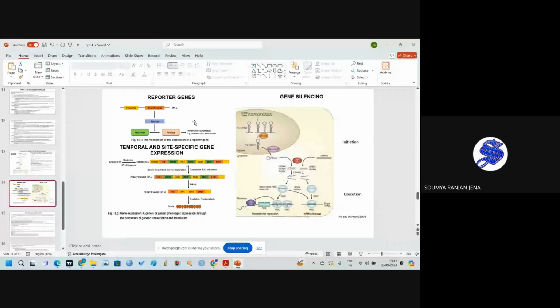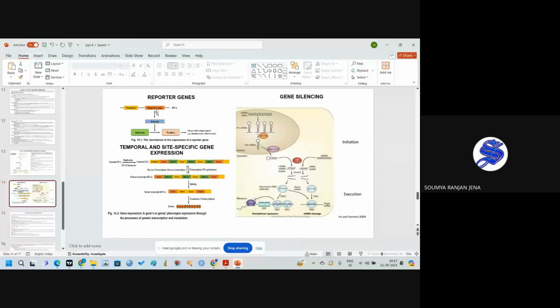After transcription initiation, the promoter will first synthesize the reporter gene, and this reporter gene gives a product, that is an enzyme. If we add the substrate to a particular solution, then it will give a product. That product will be quantified by luminescence or fluorescence, and then we will know that this promoter, this gene, is now synthesized to give rise to one protein.